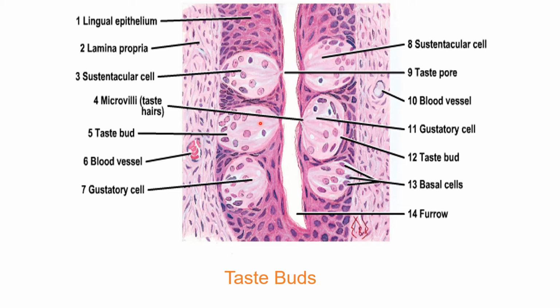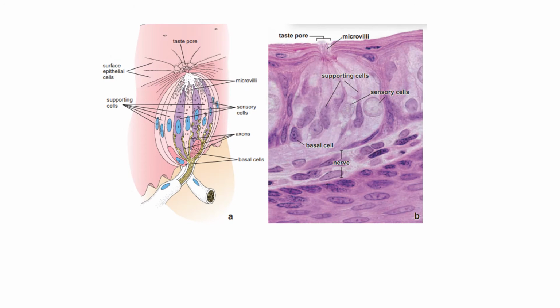And the sensory cells, or the gustatory cells, are placed in the core of the barrel, where they receive the gustatory fibers from the nerves which are responsible for the taste.